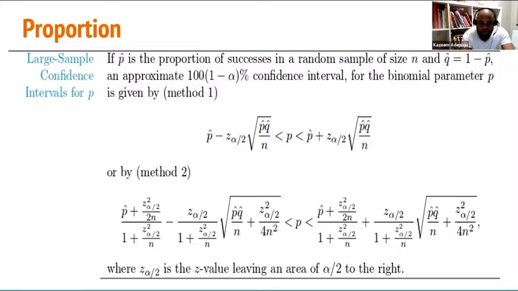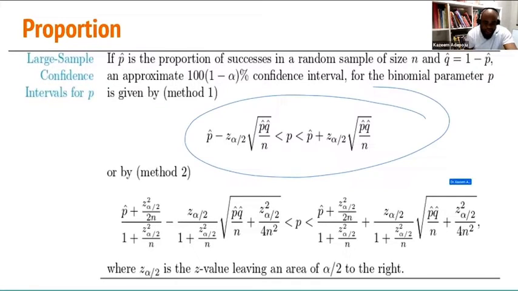Okay, I need you to pay attention to this here. That is the formula for constructing a confidence interval for proportion. All I'm trying to say there is that the true value of proportion lies between the lower bound and the upper bound.